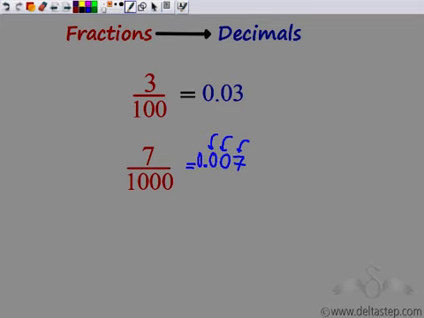So this becomes 0.007. So that's how you get 7 by 1000 as 0.007. So we've seen how to convert these fractions into decimals. What is common here is that both these fractions have the denominator as a power of 10.